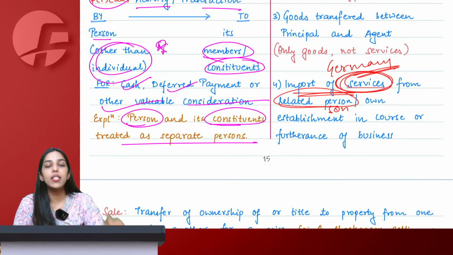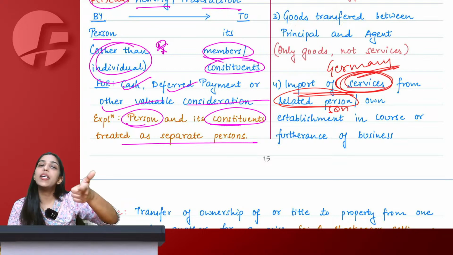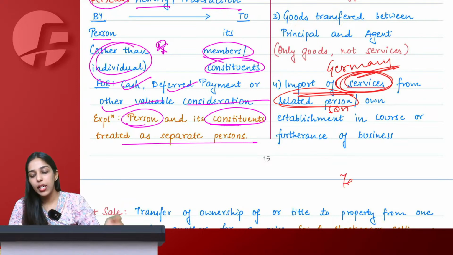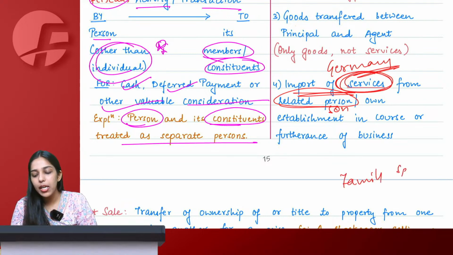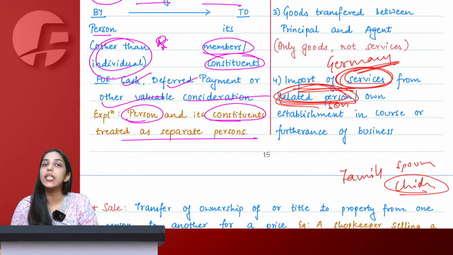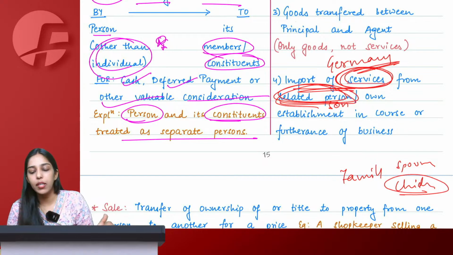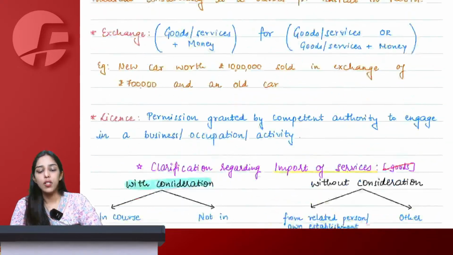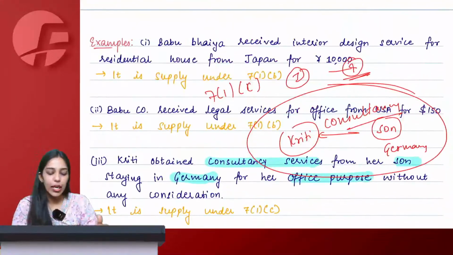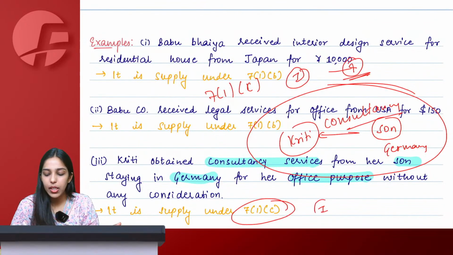Spouse and children, whether dependent or independent, we've already seen under family, will always be related, which means my son is always going to be my related person. And this consultancy service is in relation to business. So all conditions being fulfilled, it is a supply under section 7(1)(c), Schedule 1, para 4.